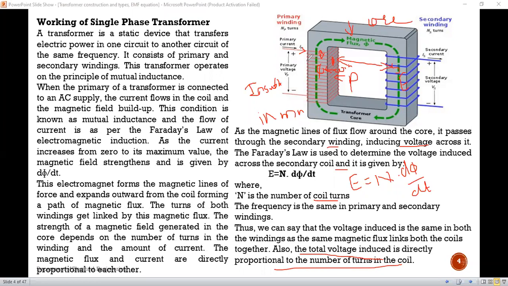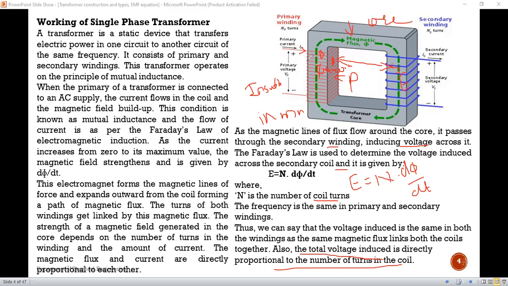Generally the thickness of the lamination varies from 0.35 mm to 0.5 mm.